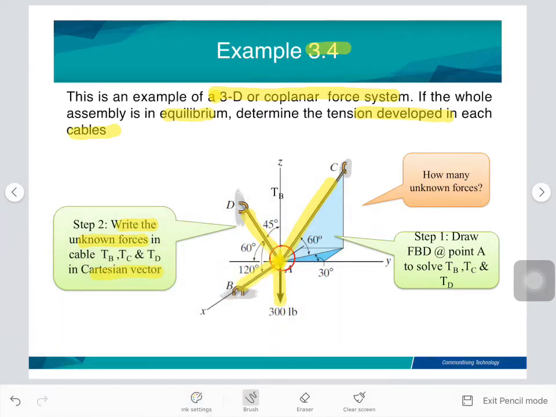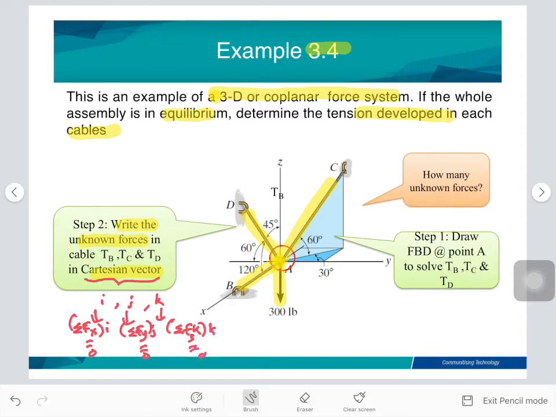Must remember, Cartesian means that we need to resolve in i, j and k. Because here we are going to use summation Fx i equal to 0, summation Fy j equal to 0, and summation Fz k equal to 0.